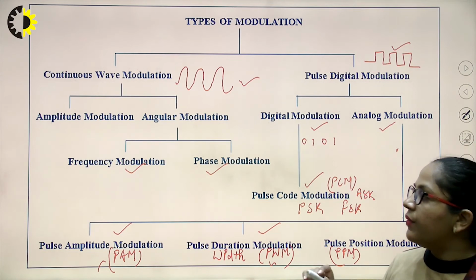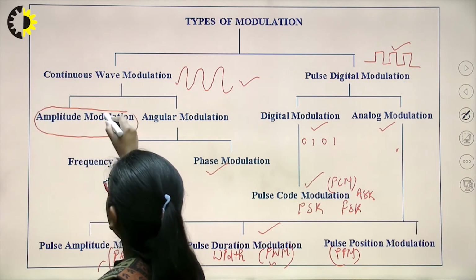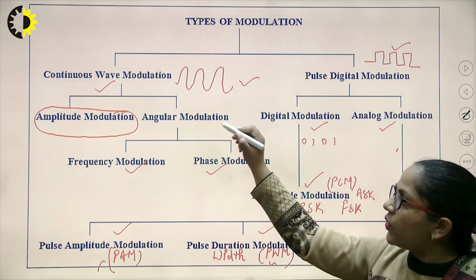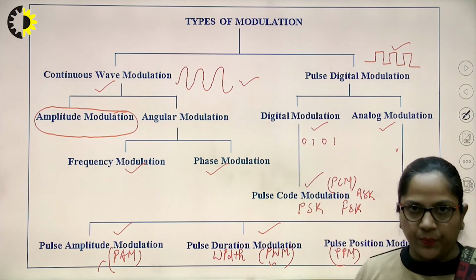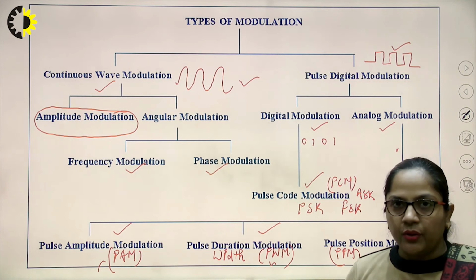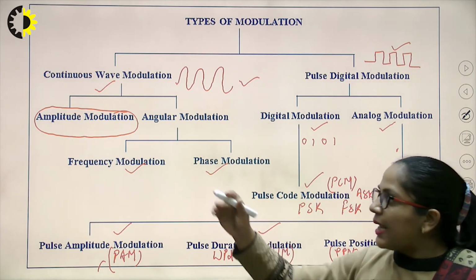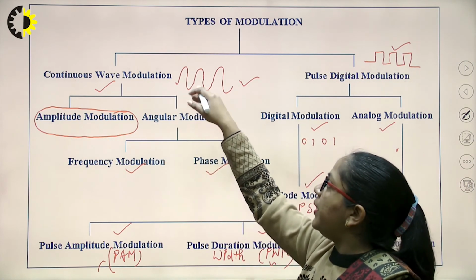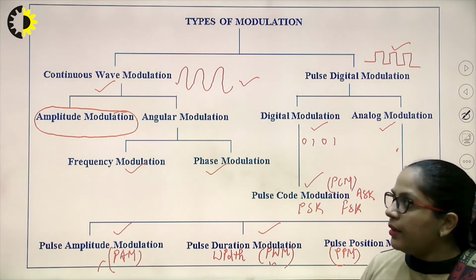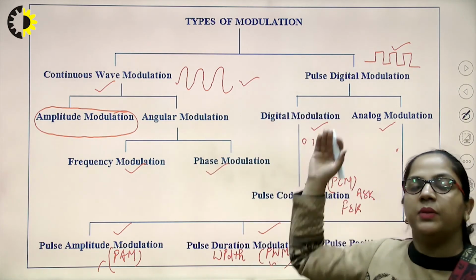In this unit, we will focus on amplitude modulation, where we will use a carrier signal in the form of a continuous wave. So let us start with amplitude modulation. What is amplitude modulation? It is simply varying the amplitude of this high frequency carrier signal in accordance with the instantaneous value of the message signal.